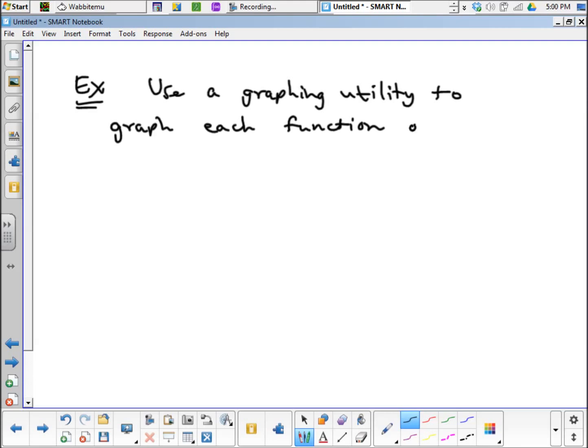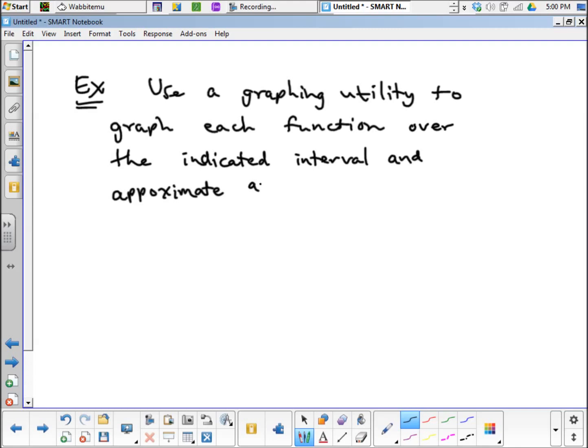Over the indicated interval, and approximate any local maxima and local minima.